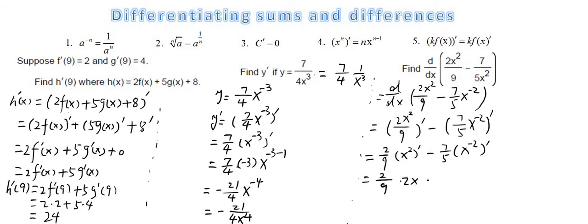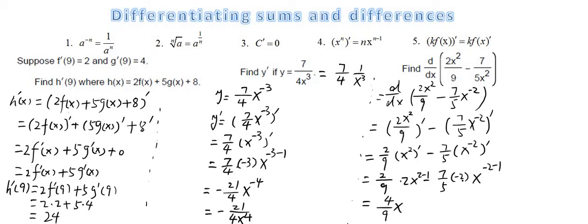For the second term, we have negative 2 x to the power negative 2 minus 1. And 2 times 2 is 4, over 9. The exponent 2 minus 1 gives x.